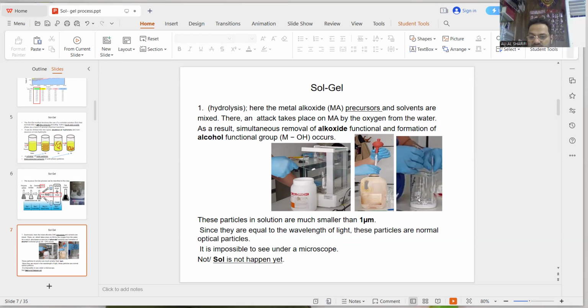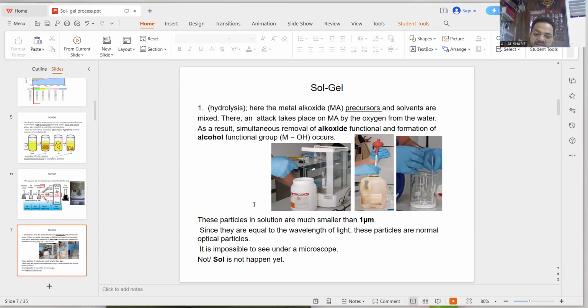At last, in this glass, the solution is, we can say, like milk. With this tool, a glass pen, I stir this liquid to make the interaction between them better, to make the oxygen attack on the metallic oxide better, to achieve the alcohol functional group, MOH.